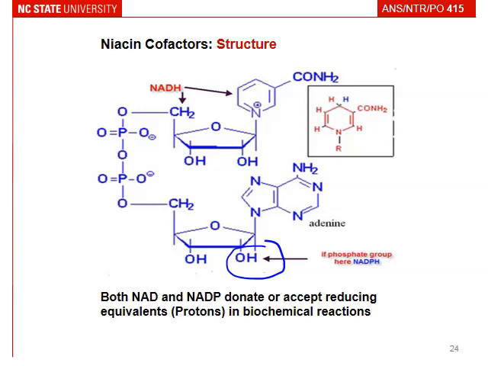So here, currently, if we add another hydrogen on here, we're going to get NADH. So here is what our NADH looks like. We have an additional hydrogen. And if we do not have that hydrogen, it's just going to be NAD. Or if we have the phosphate down here, it's going to be the same thing.